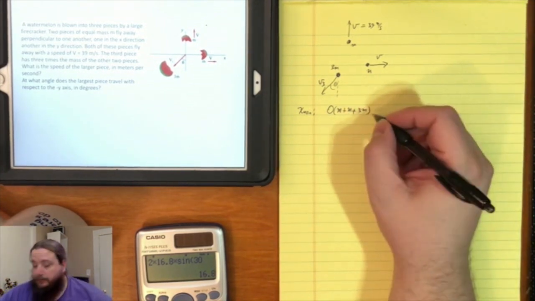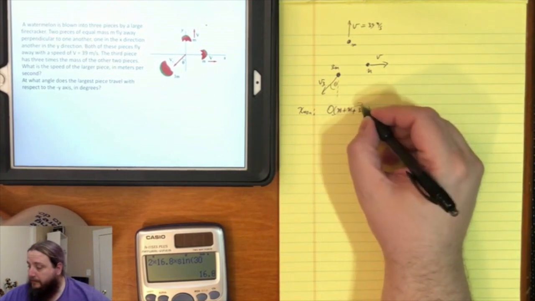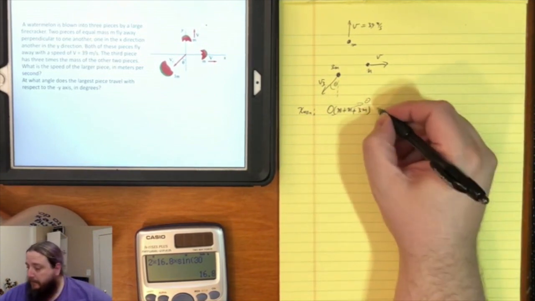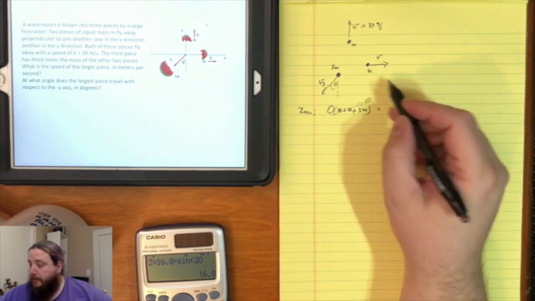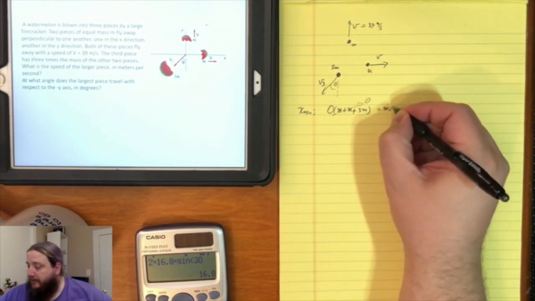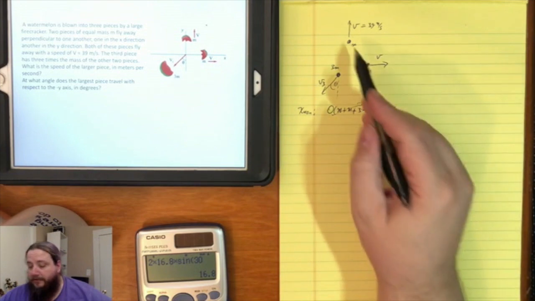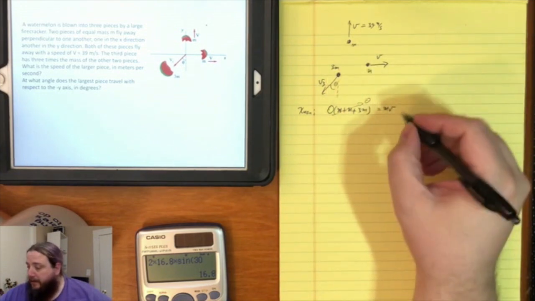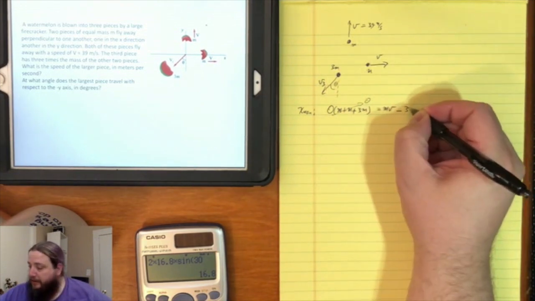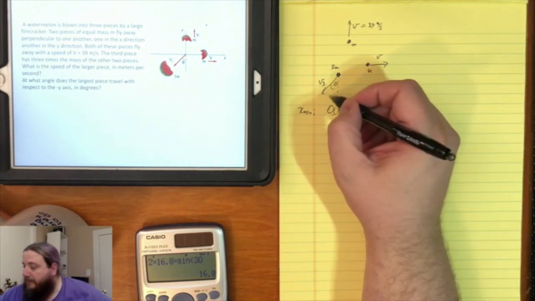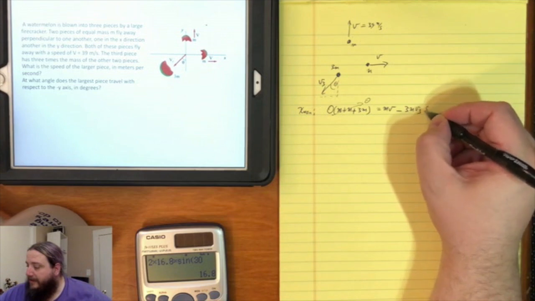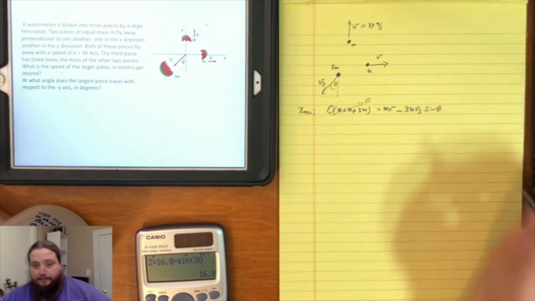Still just 0 on the left. And that's got to equal the horizontal component of, well, this is mv, that's some horizontal momentum, there's none of that, and then minus 3m v3 times sine of our angle theta.